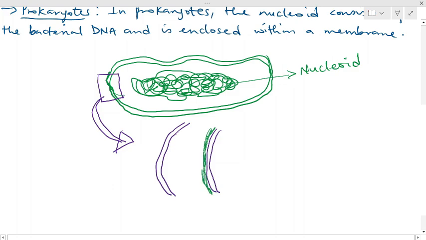All of this represents what the membrane is.